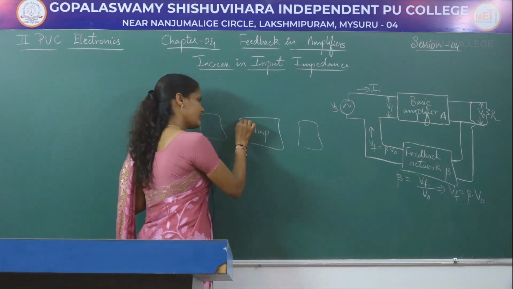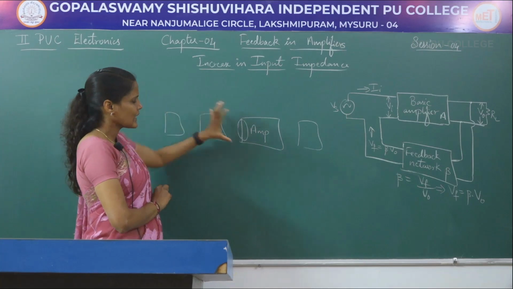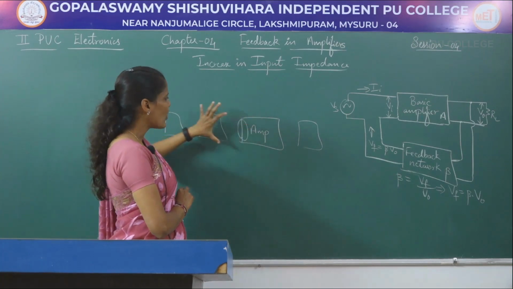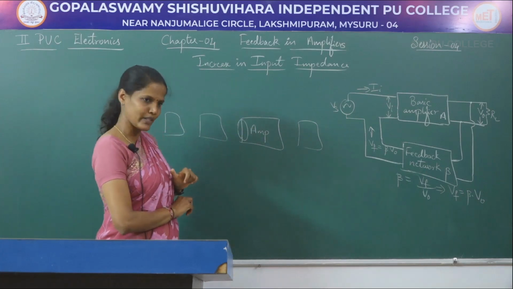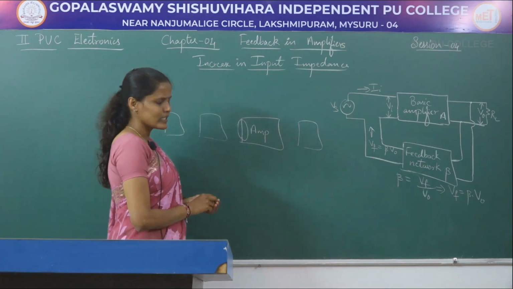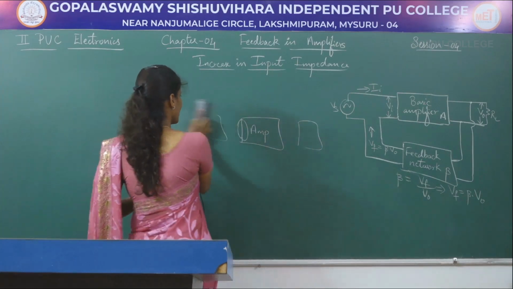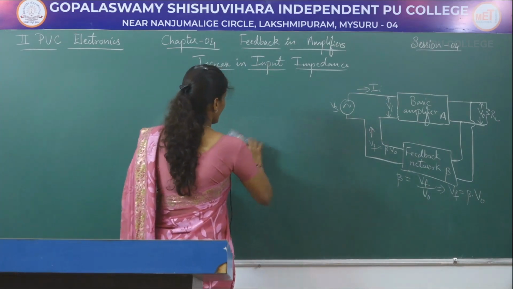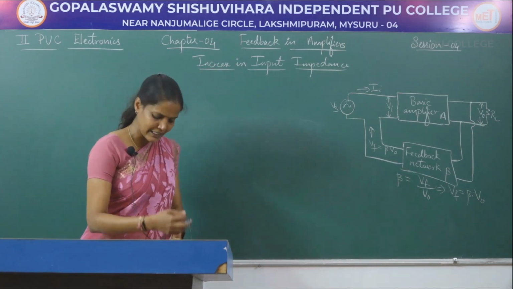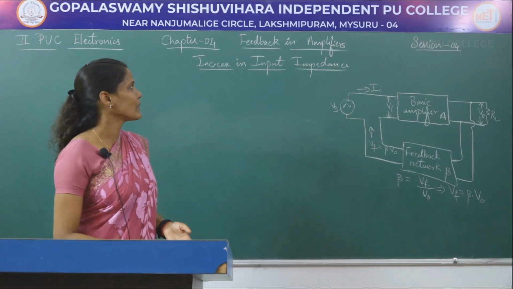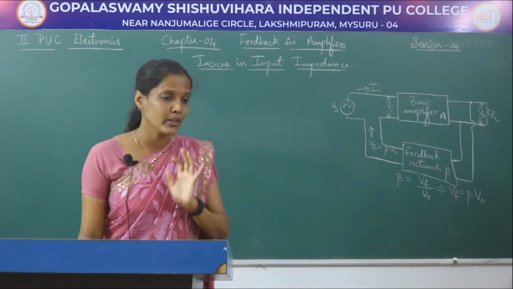If the input impedance of this particular amplifier is very high, then that will help in avoiding the loading of the previous stage on this particular amplifier. So, what we have to do is maintain a high input impedance in the amplifier circuit. In order to get this desirable characteristic of an amplifier, we are going to use this voltage series negative feedback circuit.